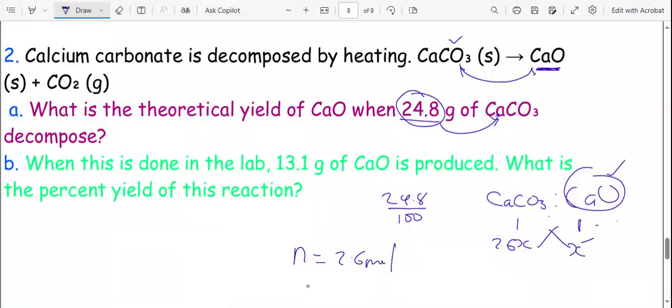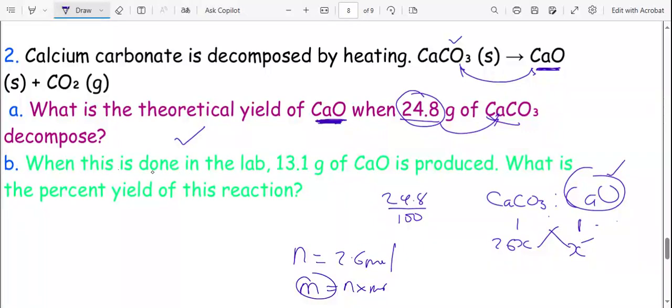Then to find the mass, the theoretical yield, you say the number of moles times the molar mass. You'll be able to find the theoretical yield of calcium oxide from the carbonate. So that's how you find it.